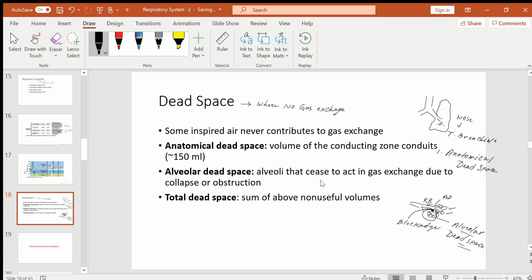However, anatomical dead space is fixed, right? Those structures are built for the passage of gas. Now, if you add these two, anatomical dead space plus alveolar dead space, that is called the total dead space in your respiratory system. Okay, total dead space.